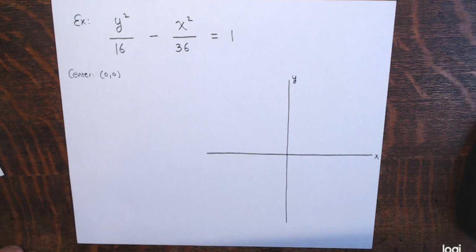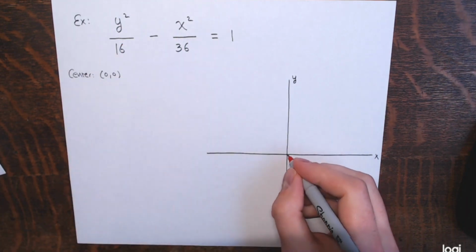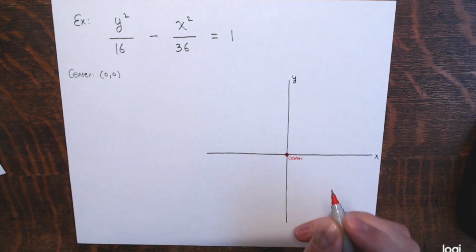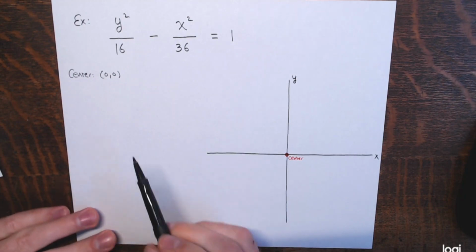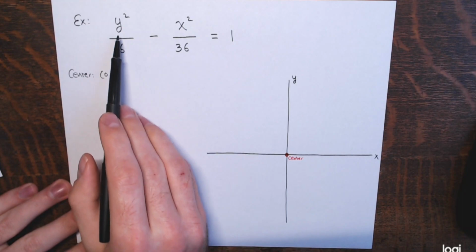But the center's at the origin. If it's just x squared and just y squared, the center's at the origin. And I'm not going to draw the transverse axis in, but the y-axis will be the transverse axis. So the vertices and the foci are going to be on the y-axis, above and below the center.